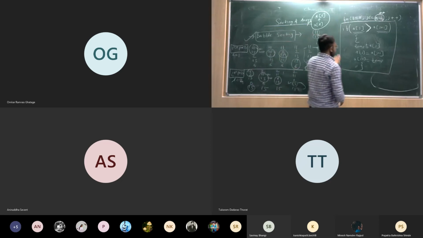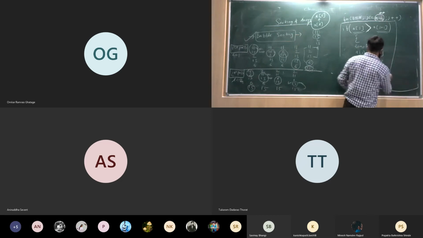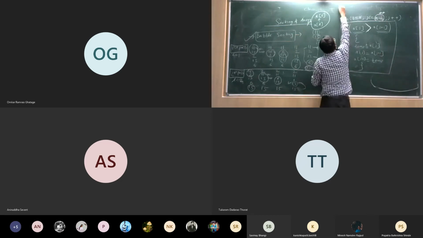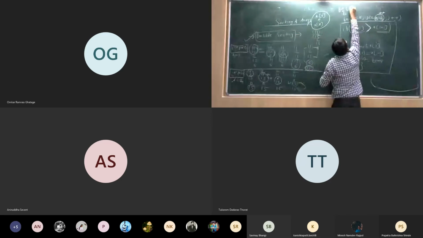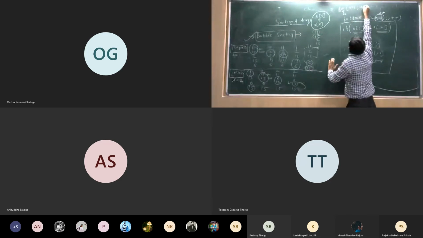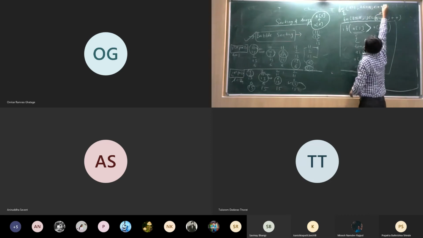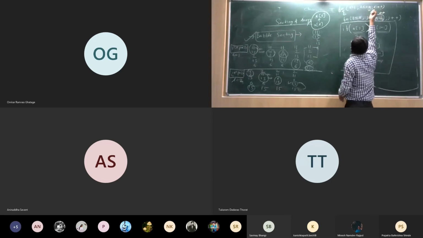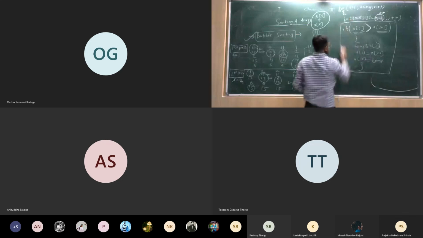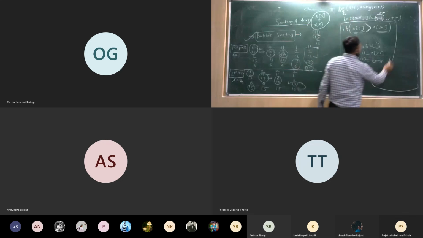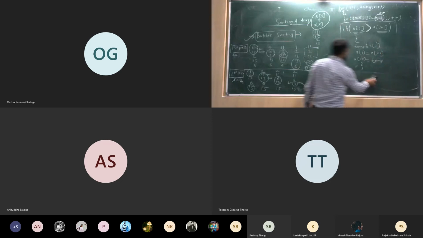So if n elements are there, we again need to write a for loop depending on the passes: i is equal to 1, i less than or equal to n, i plus plus. How many passes will there be? n passes. Simple. This is the only technique, and this is the part you need to understand for sorting.